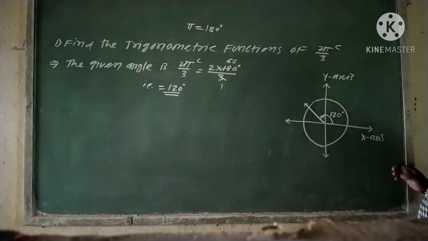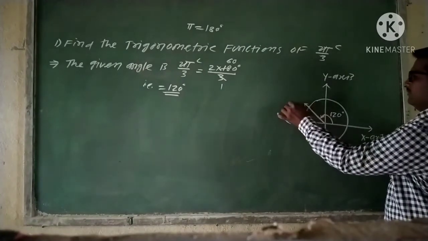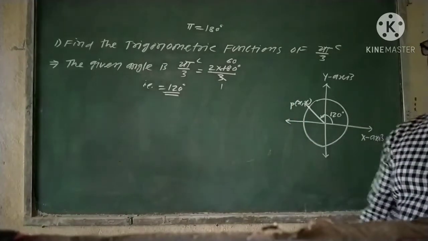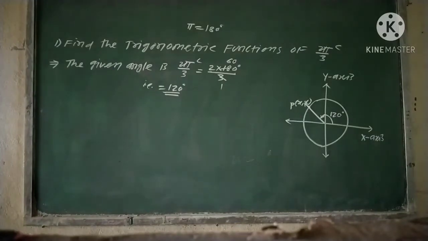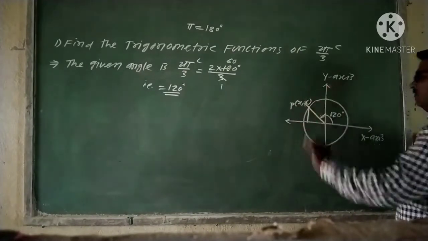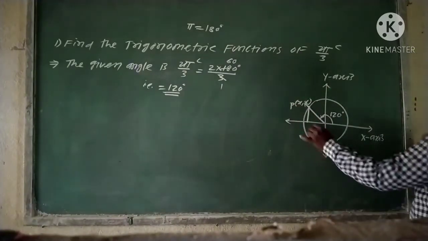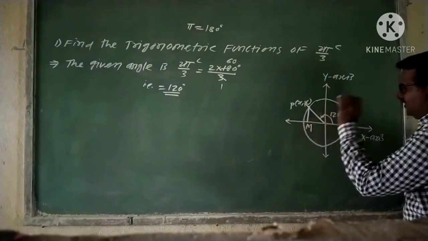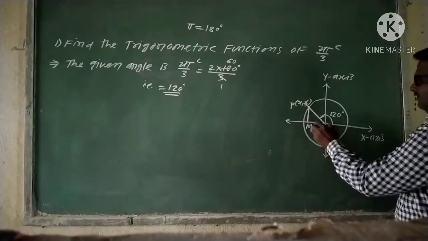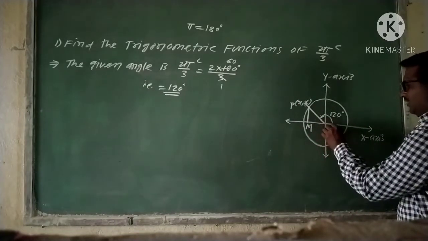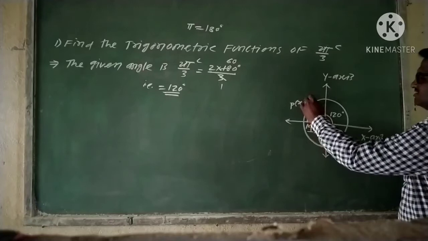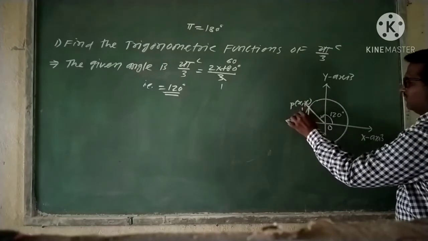We consider that here is a point P having coordinates x comma y. From the point P, we draw a perpendicular on the x-axis. Consider that this perpendicular meets at the point M. Where O is the origin, the distance OM is equal to x, and the distance PM is equal to y.